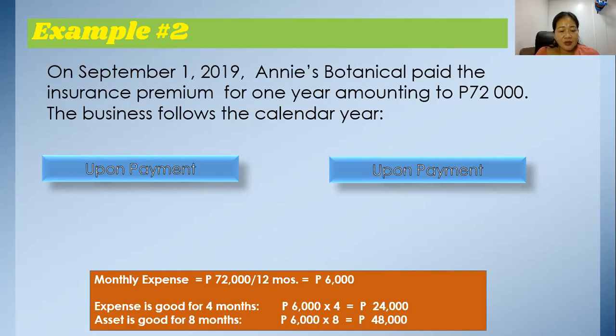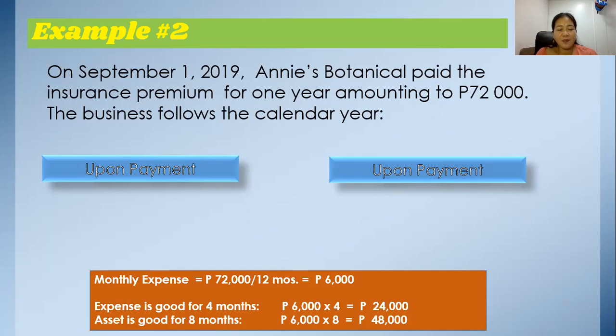To determine expense, count from September to December 31. September, October, November, December. That is exactly 4 months of expense. And the remaining 8 months will be asset.